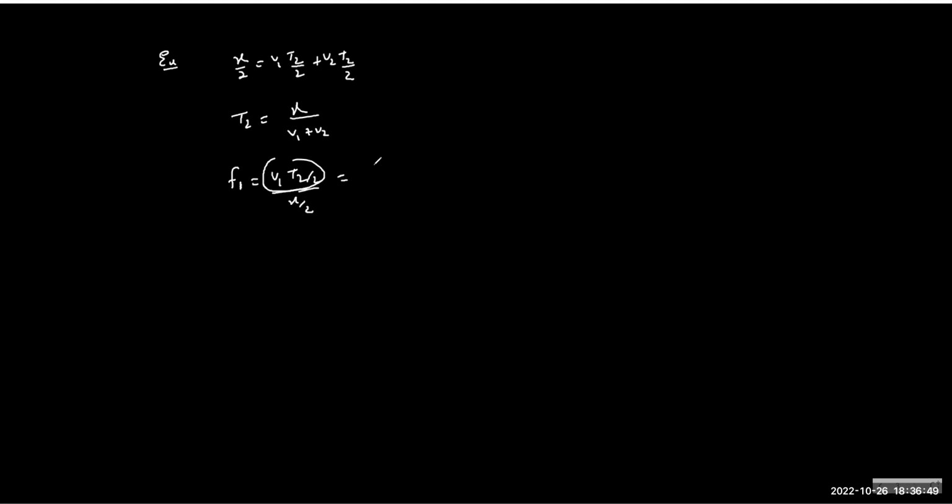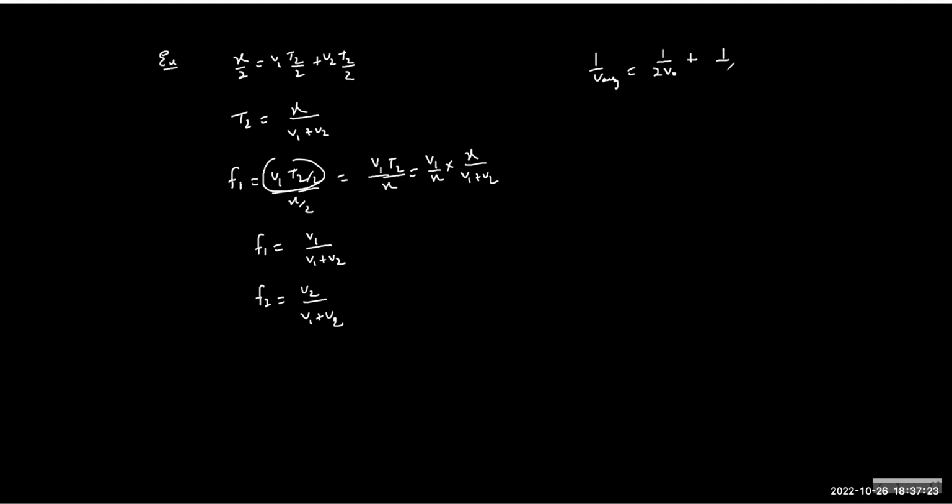So V1 by X into T2, which is X by V1 plus V2. So the first fraction turns out to be V1 by V1 plus V2. So definitely the second fraction will be V2 by V1 plus V2. And therefore the answer will be 1 by V average is 1 by 2 of V naught, because the first half you travel with this one. Then the first fraction with V1.